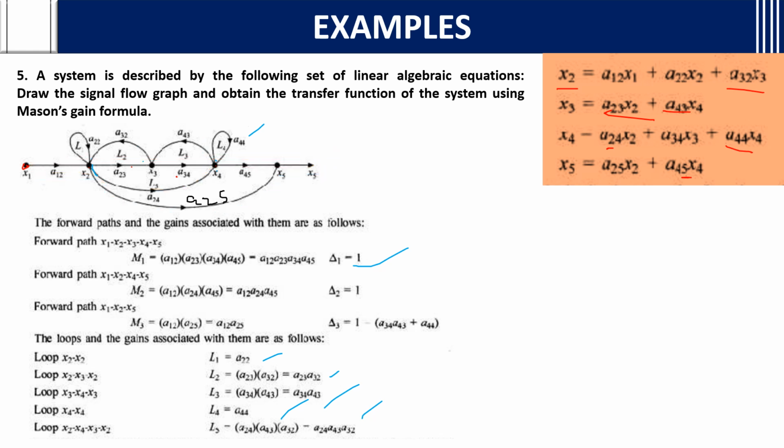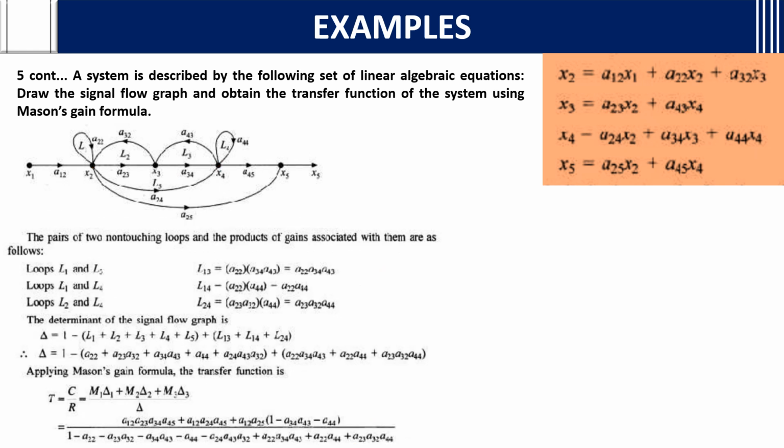I'll draw that and show for you. See, a34, a43, a32. Sorry, not this. a34, a43, a32. This is one more loop. Right? Same direction it is going. A loop is going in the same direction. It can't be a different direction. So you multiply.